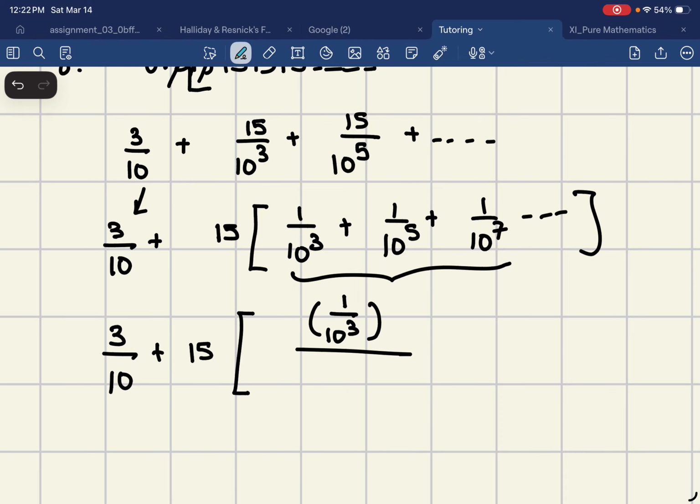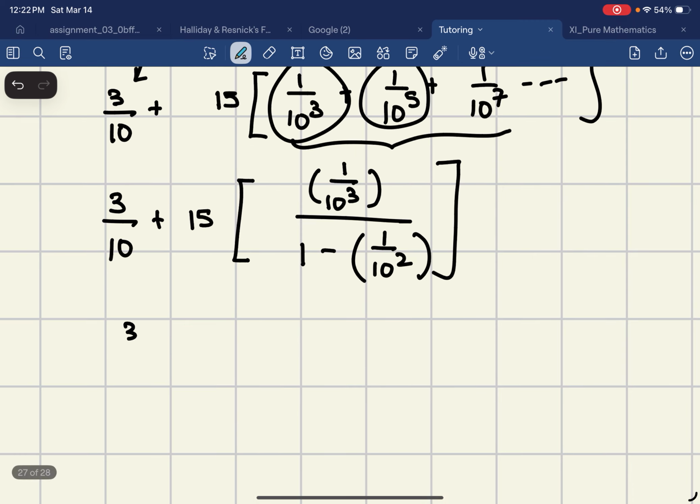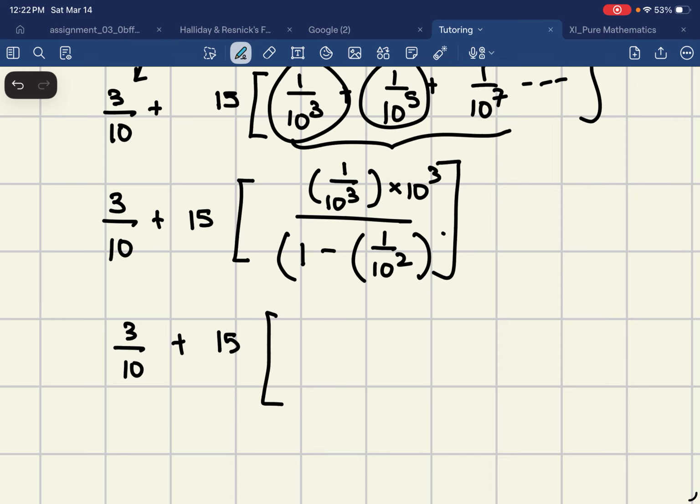So the sum of this to infinity is just 1 divided by 10 to the power 3, that is just a, divided by 1 minus r. What is r? R is just 1 over 10 squared, right? Think about it. So that is 3 over 10 plus 15. And if I multiply by 10 to the power 3 on the numerator and denominator, I get 1 divided by 10 cubed minus 10.